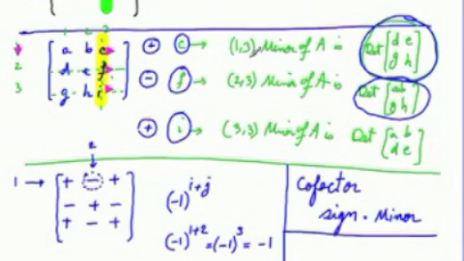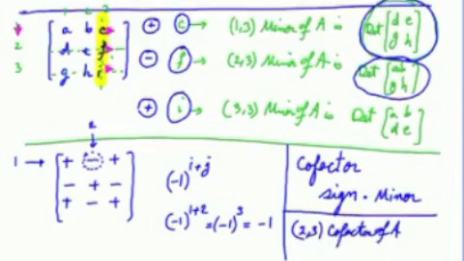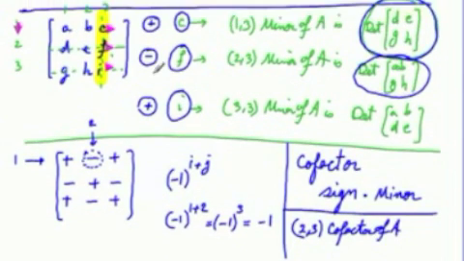Like the 1,3 cofactor of matrix A is plus times that. Let's write an example. The 2,3 cofactor of A is minus times the determinant of A, B, G, H.